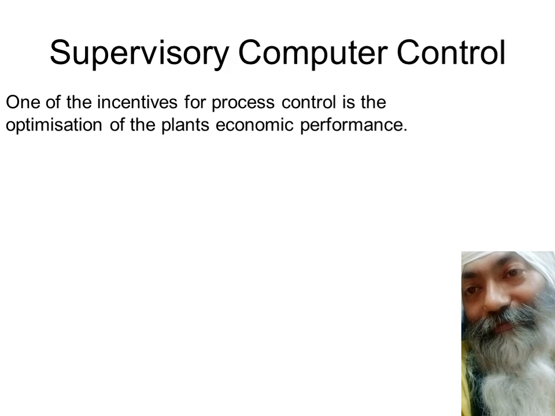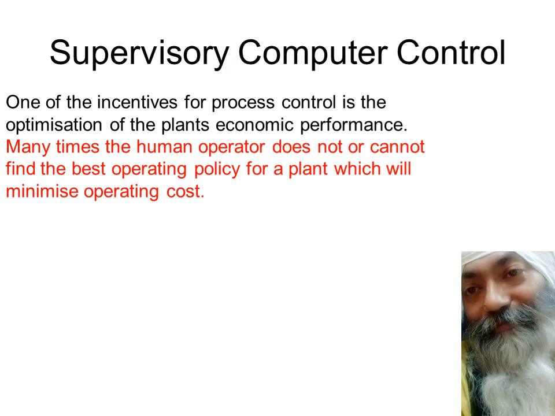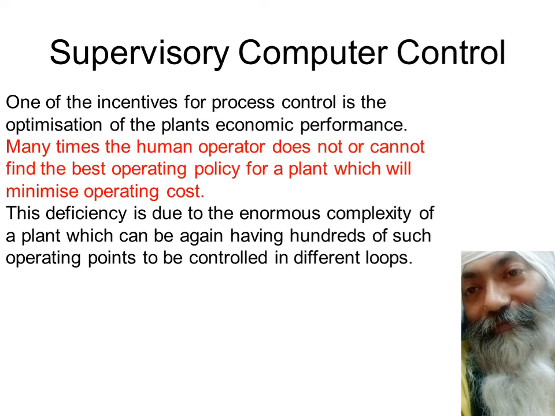I'm repeating that the incentive of process control is optimization of the plant, and one human operator cannot think of what's happening in the entire plant. So what policy that human operator has to adopt to minimize the cost, it's not possible for the human brain to work at such a complex level, at such a fast level.